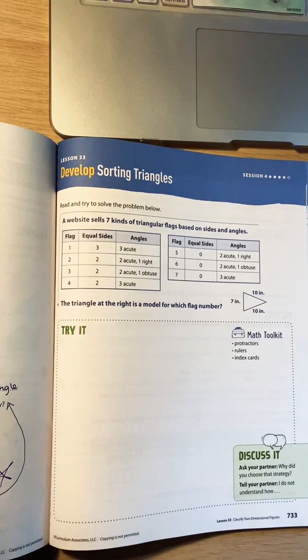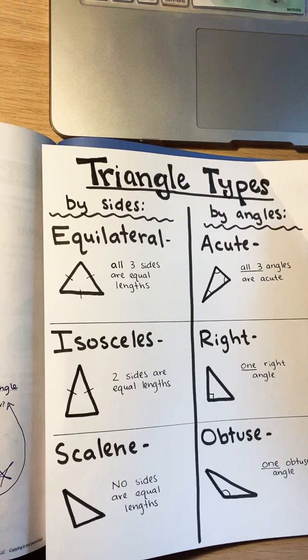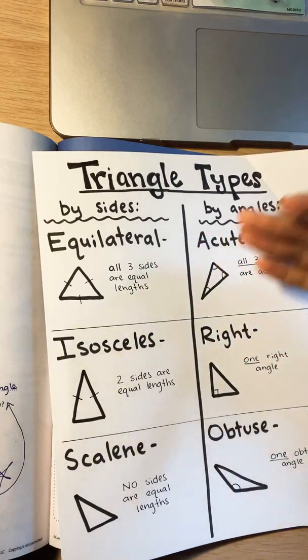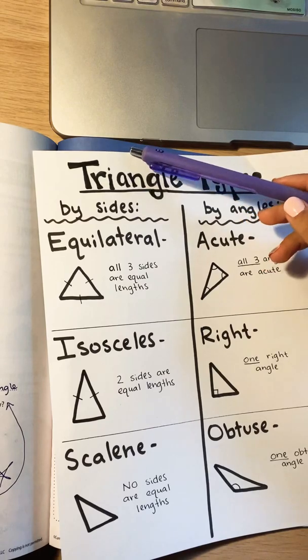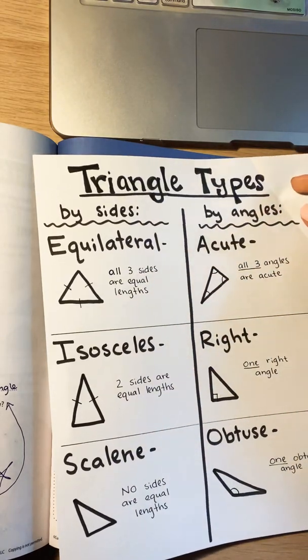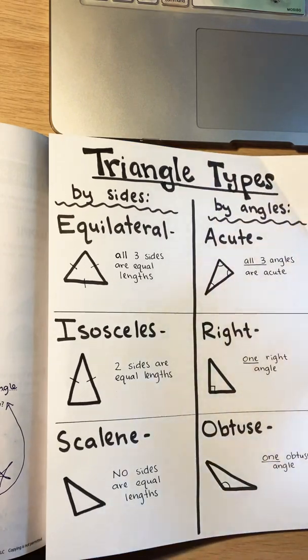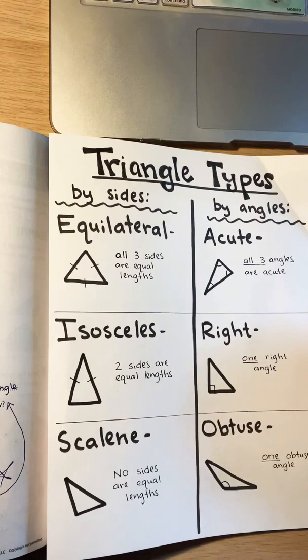So if you have your new packet that's available this week, somewhere in that packet, in all the math pages, right before the lesson 33 pages, there's this poster. If you already have that packet, I would recommend finding it and getting this page. You can tear it out or leave it in and just have it open to this page.